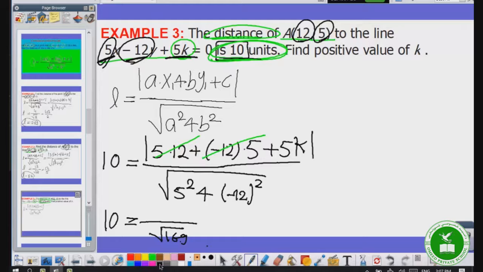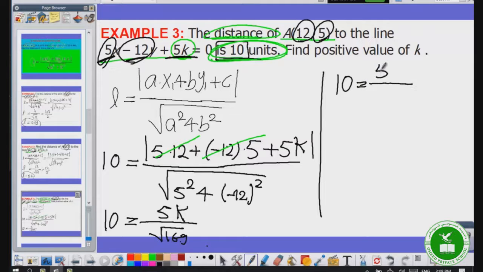Only 5k left. Let me write more clearly. 5k. Okay, let's calculate from here. 10 is equal to 5k divided by under root 169, which means 13.